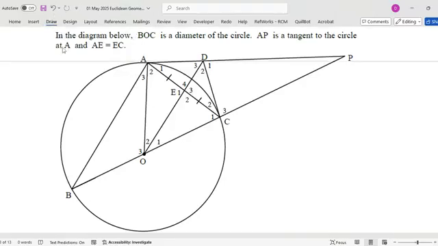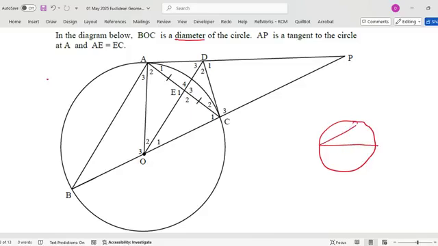And now that theorem that is talking about the diameter, it must automatically come into your head. I'm not saying it is there, but maybe you can find it is there. That angle is 90 degrees.